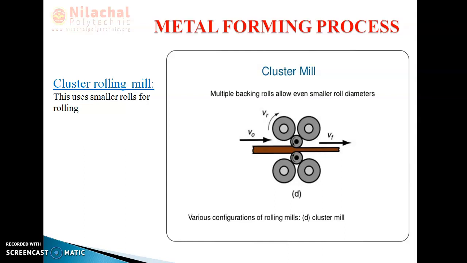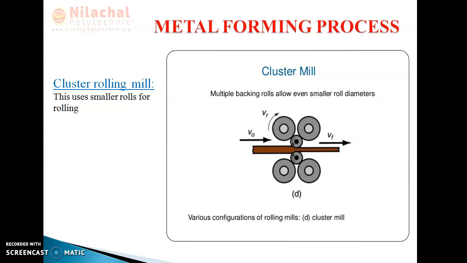Here, as per this figure, we are having 4 backup rolls. The number of backup rolls may go as high as 20 or more, depending upon the amount of support needed for the working rolls during the operation.